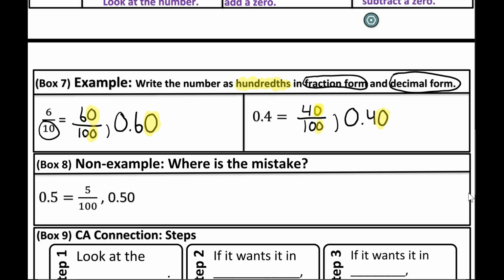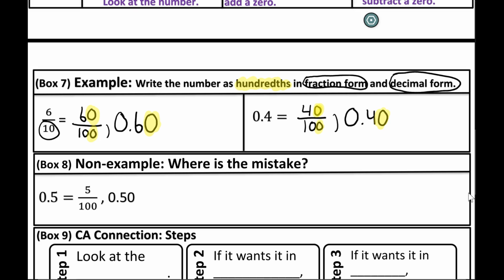Alrighty. So they started off with 0.5, and then they said this is equal to 5 over 100, which in decimal form equals 0.50. So you can see there's a couple of mistakes right here, right? Well, mainly one that I see, but some of you might see some other ones, because it can be kind of confusing since we don't have the instructions, right?